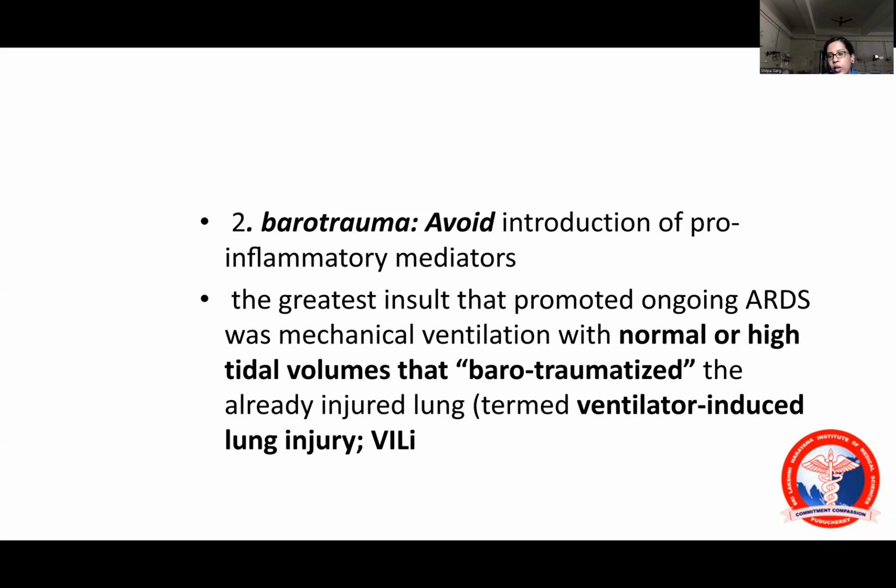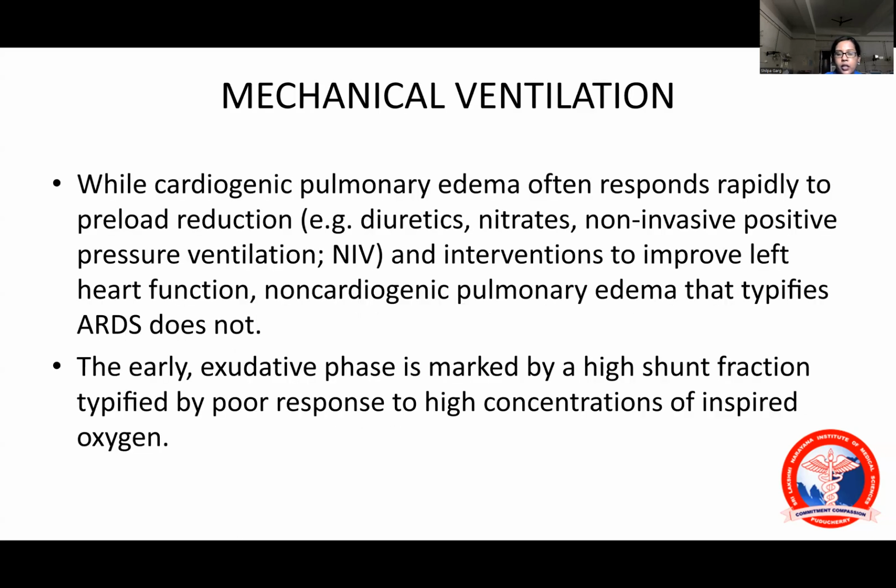In the high tidal volume group, they provided 10 to 12 ml per kg ideal body weight of tidal volume to one group of patients, and the other group they gave 6 to 8 ml per kg ideal body weight, which was called the lung protective group. The mortality was very much reduced in the lung protective group. So as per this trial, low tidal volume strategy is what we follow to prevent ventilator-induced lung injury and barotrauma.